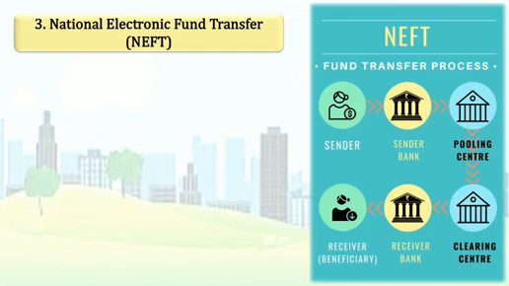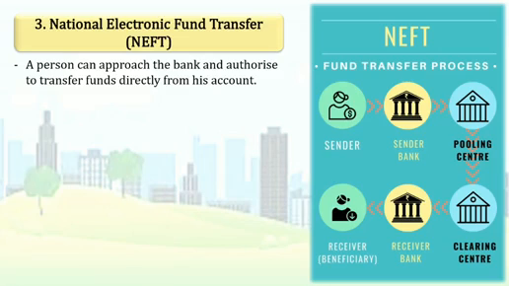Now we shall look at the NEFT, National Electronic Fund Transfer. It is a system whereby anyone who wants to make payment to another person can approach his bank and authorize to transfer funds directly from his account.